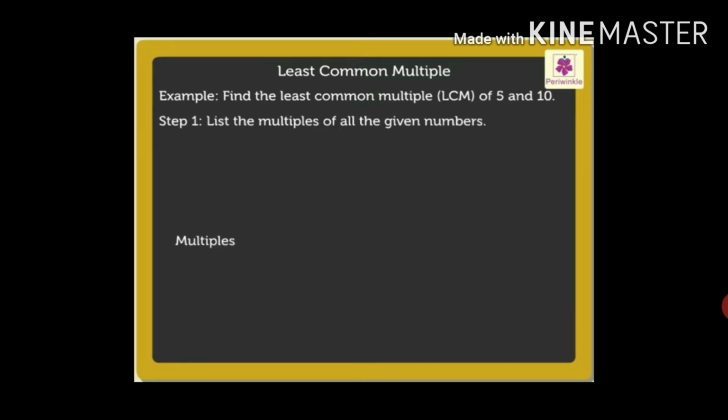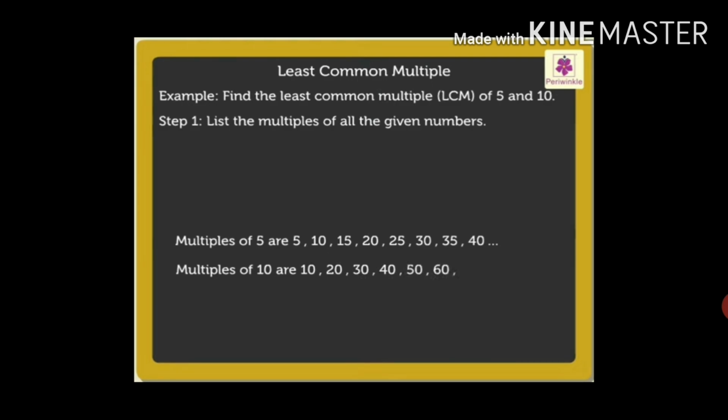The multiples of 5 are 5, 10, 15, 20, 25, 30, 35, 40, and so on. The multiples of 10 are 10, 20, 30, 40, 50, 60, 70, 80, and so on.